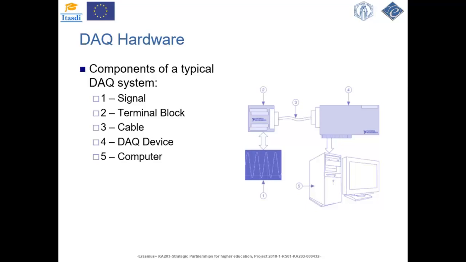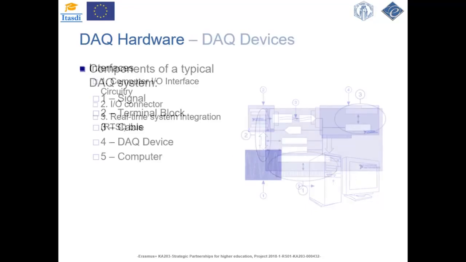In order to acquire a signal, first we have, as I said, the terminal block, which provides a place to connect the signals, and it consists of screw terminals or spring terminals or BNC connectors for connecting the signals, and a connector for attaching a cable to connect the terminal block to a data acquisition device.